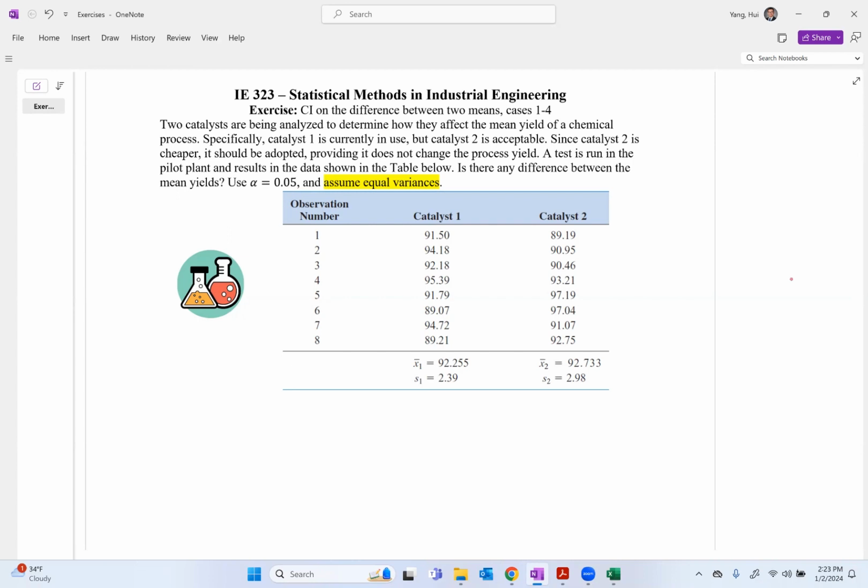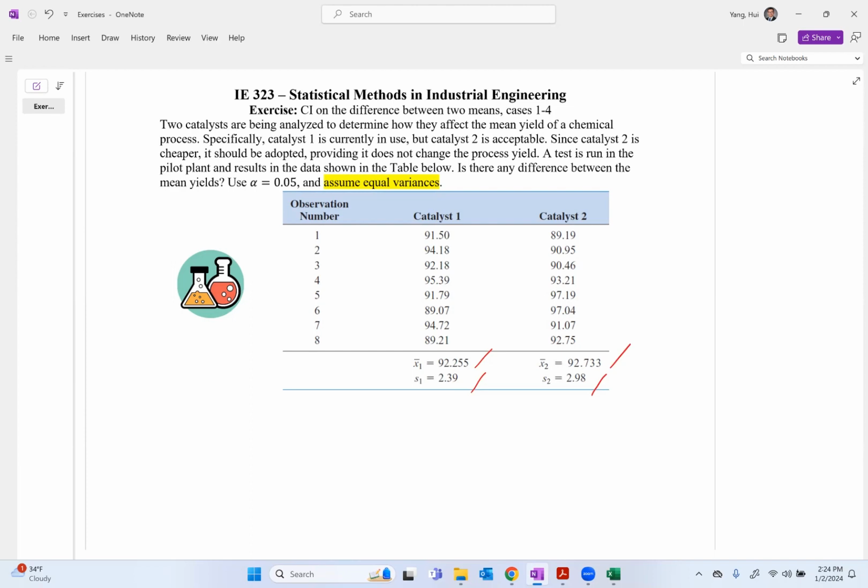Of course, for catalyst 1, we have 8 observations. For catalyst 2, we also have 8 observations. Then we calculate the sample mean x1 bar and the sample standard deviation S1. This is for sample 2. And we assume equal variance.